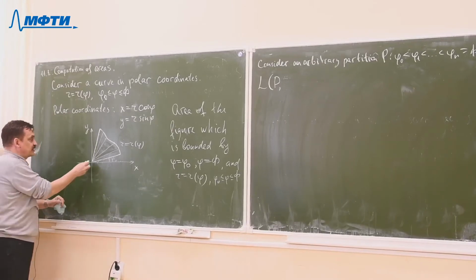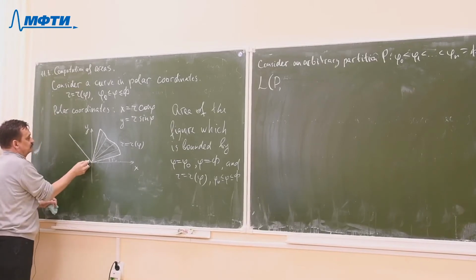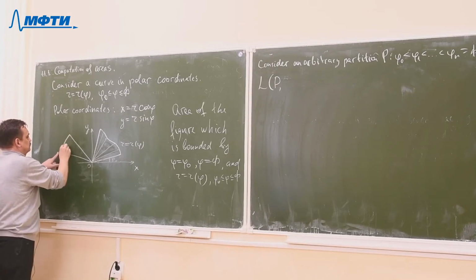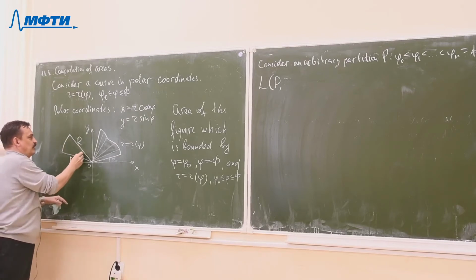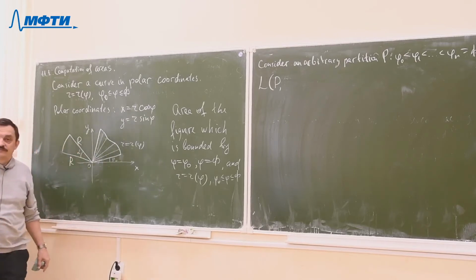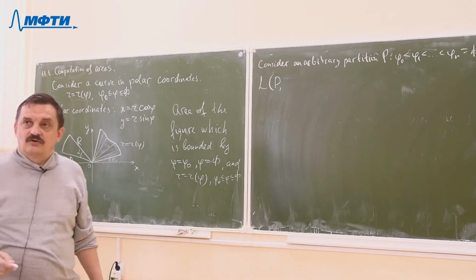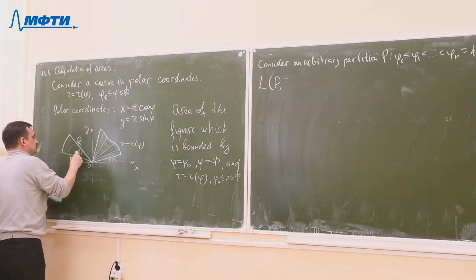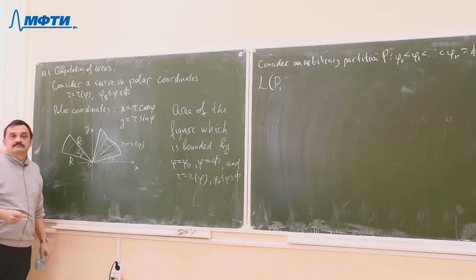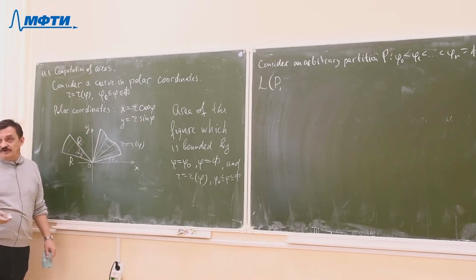If you have a sector like that, with radius capital R and angle alpha, then what is the area of this sector? We know from elementary geometry.